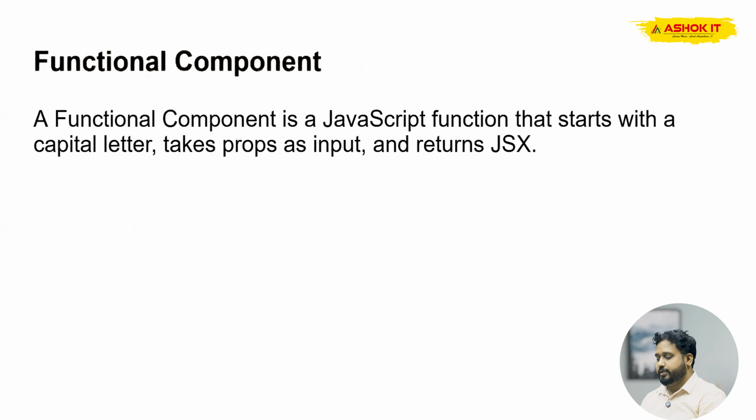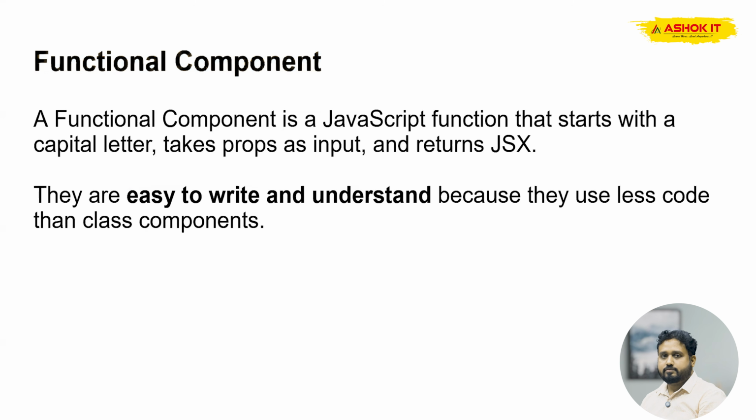A functional component is a simple JavaScript function that starts with a capital letter, takes props as an input and returns JSX. Any JavaScript function whose name starts with uppercase, a capital letter, and takes 0 or 1 parameter called props and returns JSX, such JavaScript functions we are going to call a functional component.